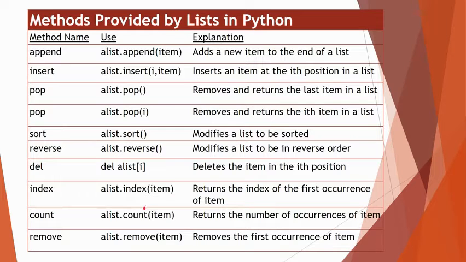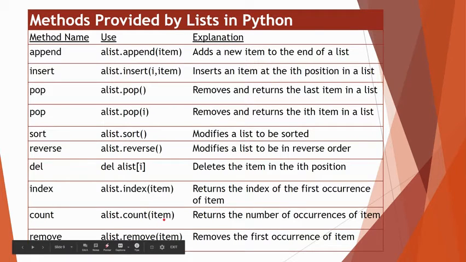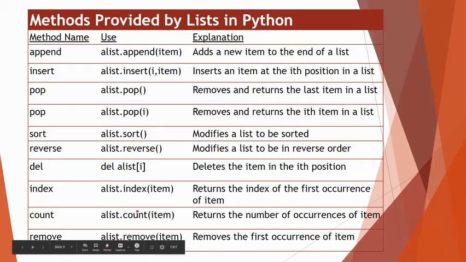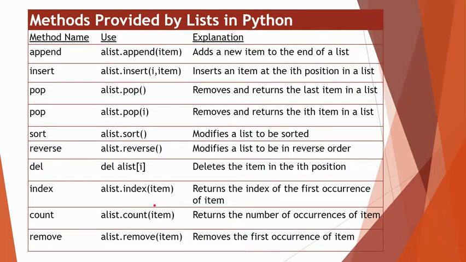If you want to know how many items exist in that list, for example, how many 89s exist in the scores list, you would just say the list name dot count and put the item that you're looking for. Finally, to remove an item from a list, use the list name dot remove.